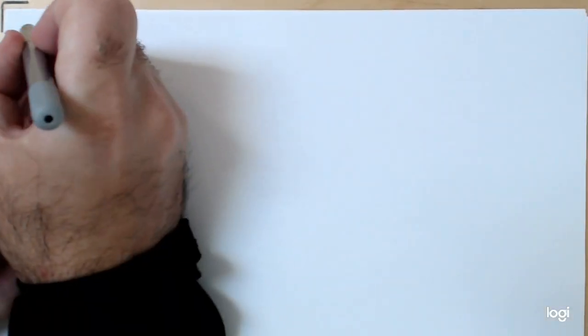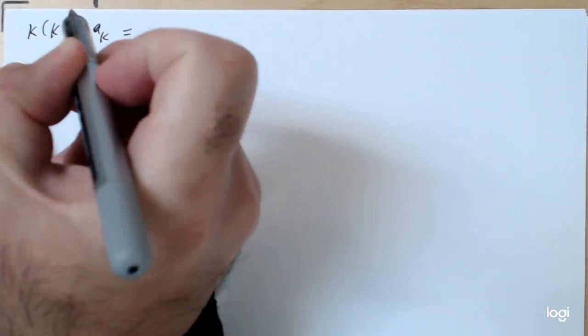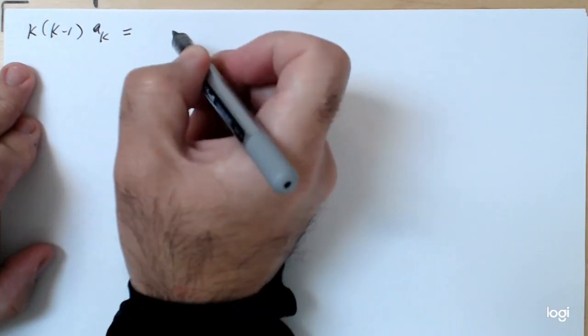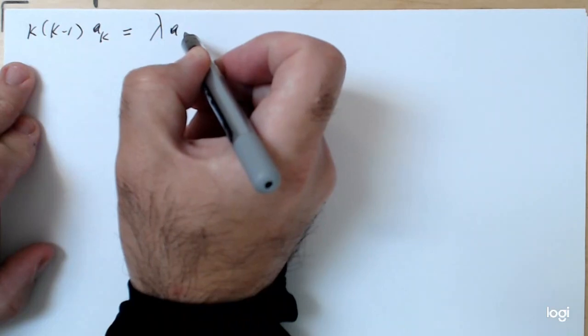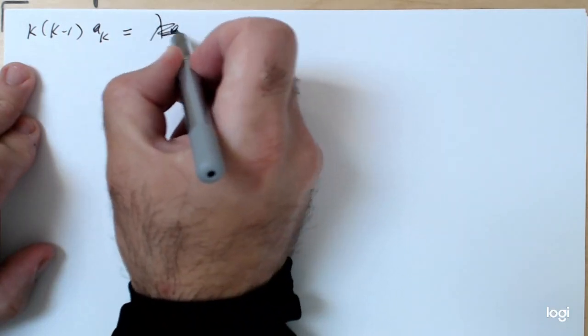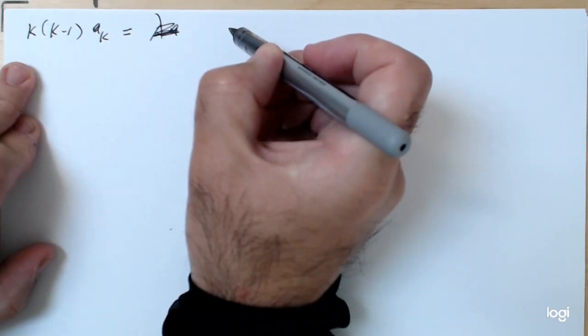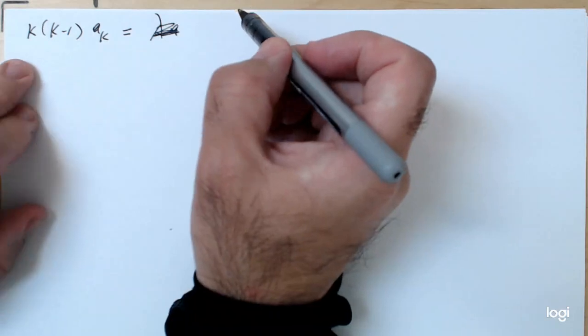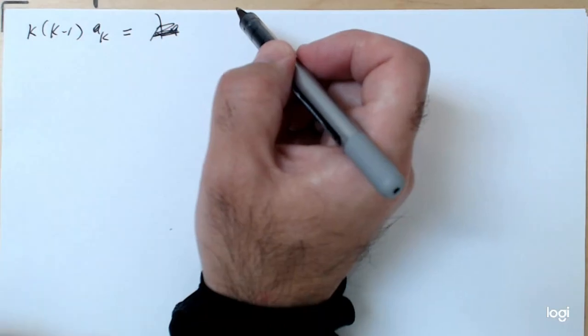If I write that coefficient and set it equal to 0, so I have k times (k minus 1) a_k equals lambda, let's see, if you set that equal to 0, let me write one more time that coefficient.